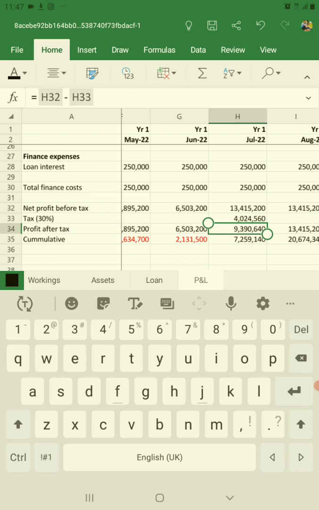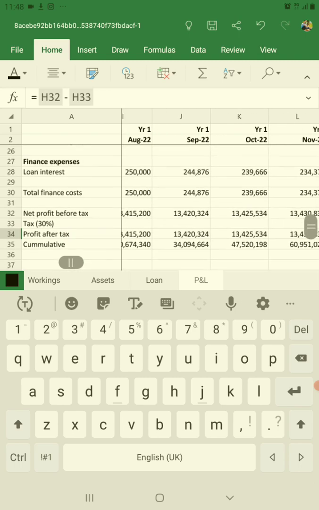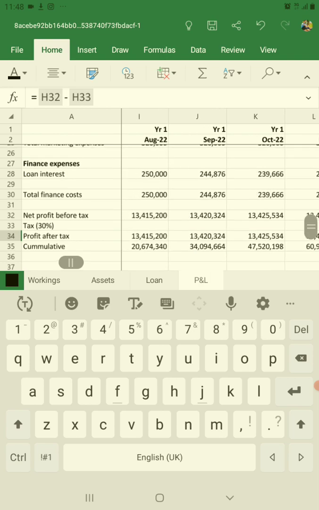After July, it's easier for the rest of the months because, according to these assumptions, we have positive net profit.